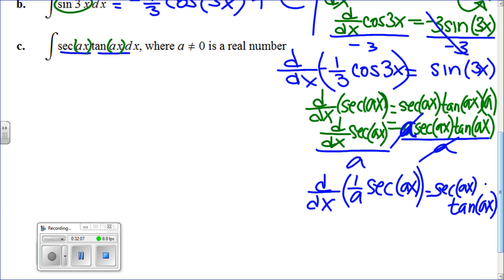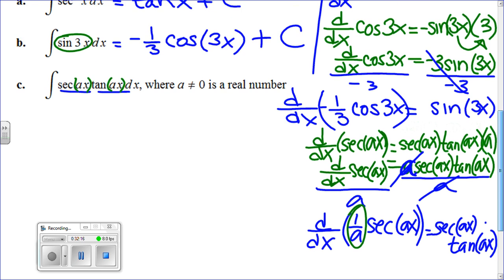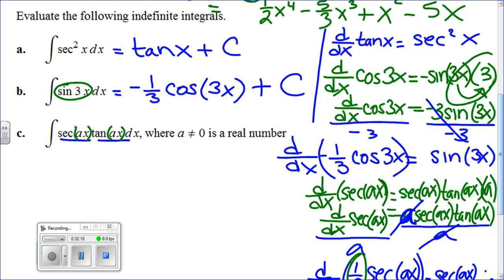So what I want you to remember from here is, when you have chain rule and we took the derivative of, let's say, this step right here, what did we do? We took the derivative of 3x and then we multiplied.